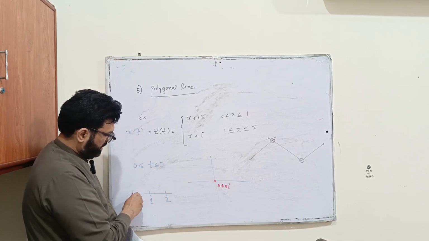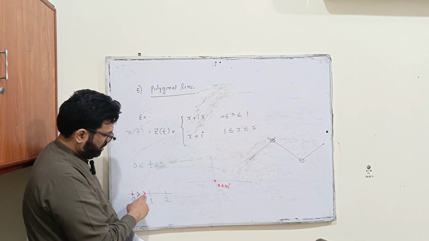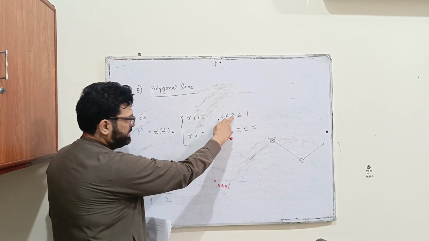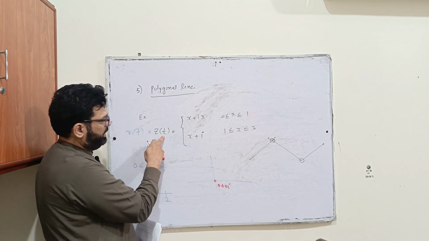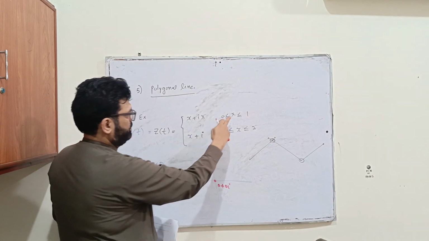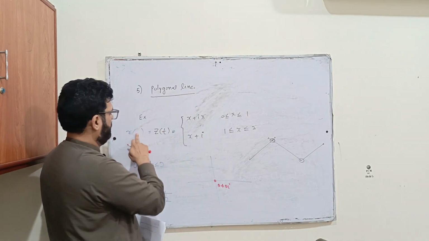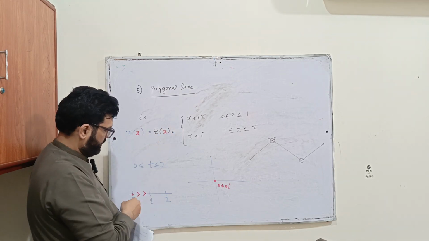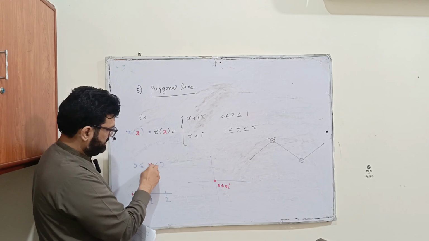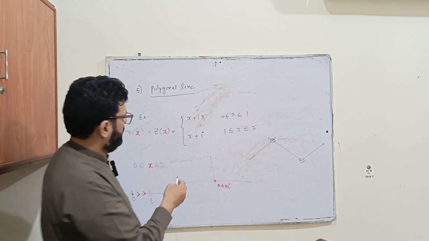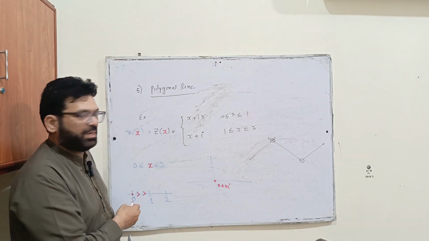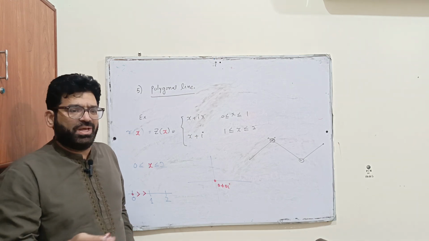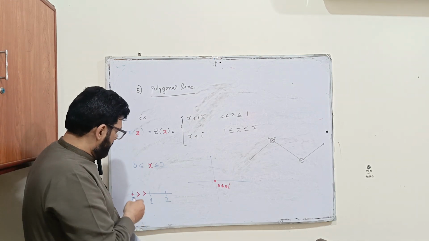And moving in this direction, when we have x or t, sorry, this is t, replace this by variable x. You can choose any name for the parameter. It can be t, it can be x, anything.